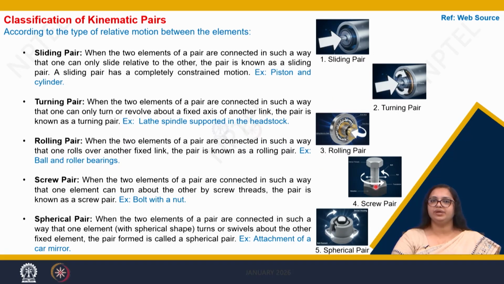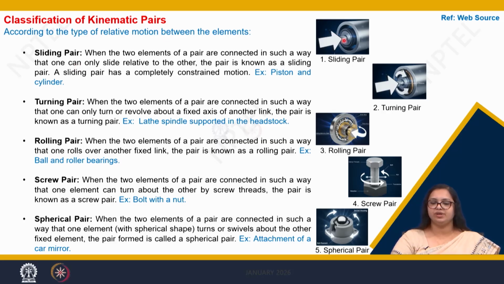Now, how do we classify the kinematic pairs? We can classify them in three categories. The first category is according to the type of relative motion between the elements. There are five different kinds under this category, where the first one is the sliding pair.